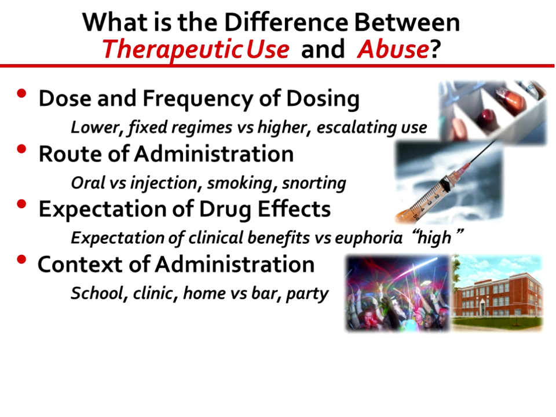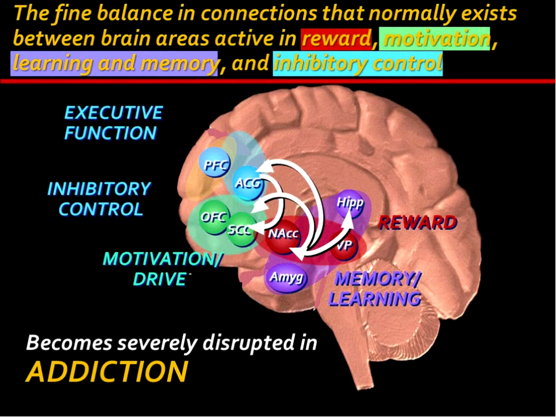But we do want to reiterate that it's still possible to develop dependence when following a doctor's orders. That's why it's critical for providers to understand and consistently evaluate risk for patients who are receiving chronic treatment with some of these abusable drugs.